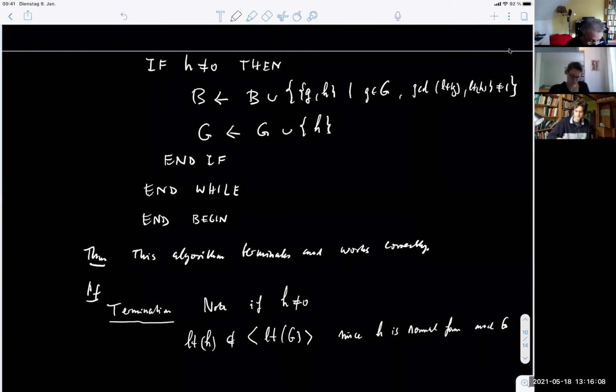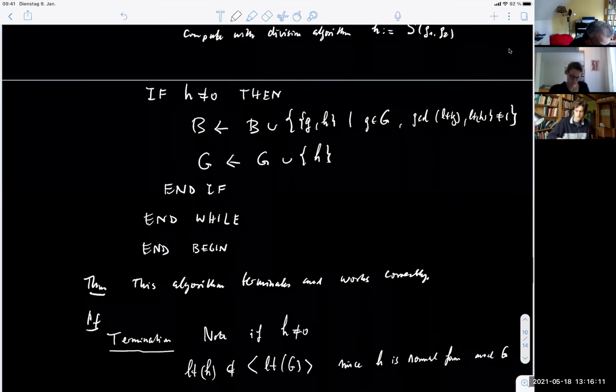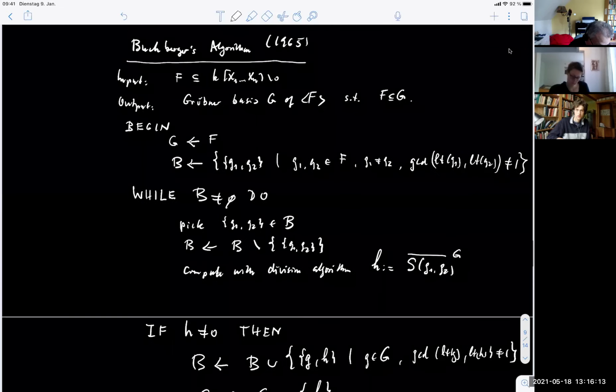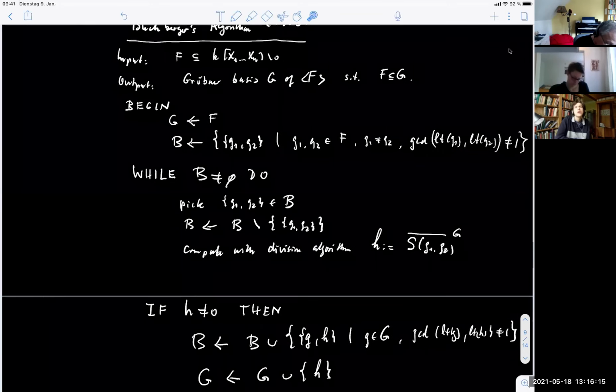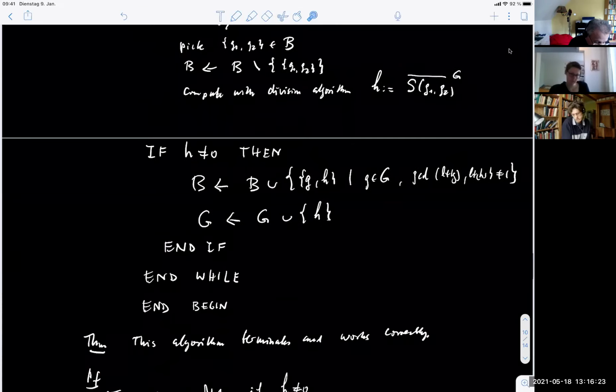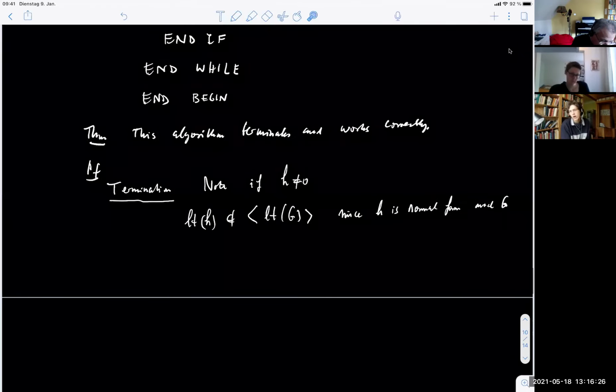You see the algorithm here again. What was the H here? It's the result of division with remainder, so it's a normal form. And if it's not zero, being a normal form exactly means this, which expresses I cannot further reduce H mod G.